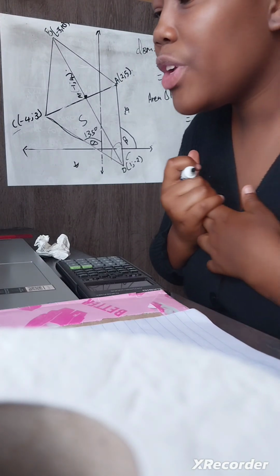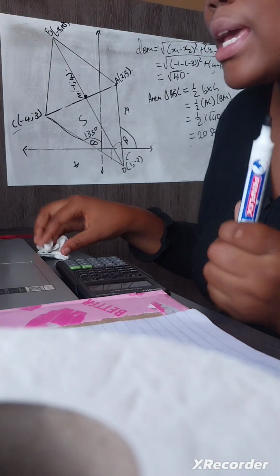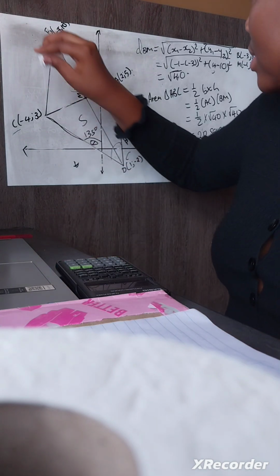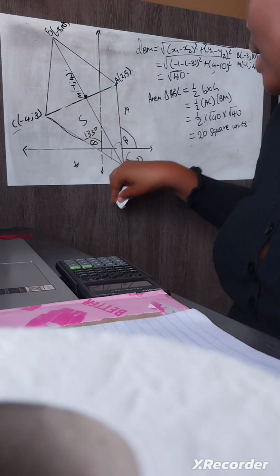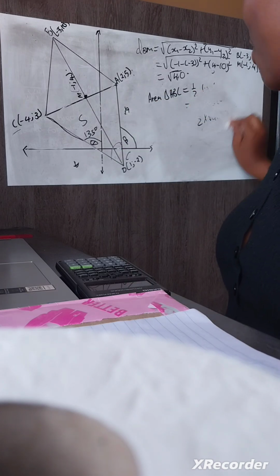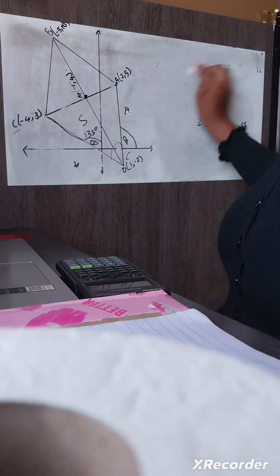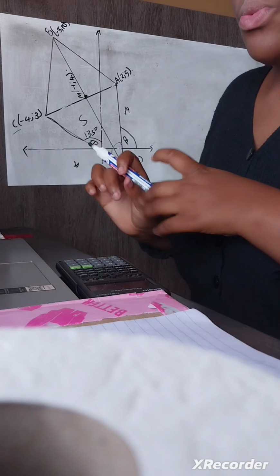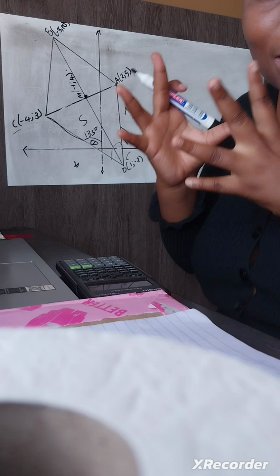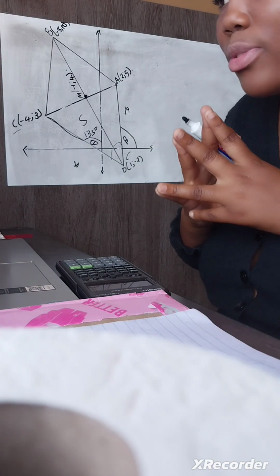Then moving to our last question, it says determine the equation of DC. They want the equation of this line. So how are we going to tackle the question? First things first, we must look for the gradient of DC.